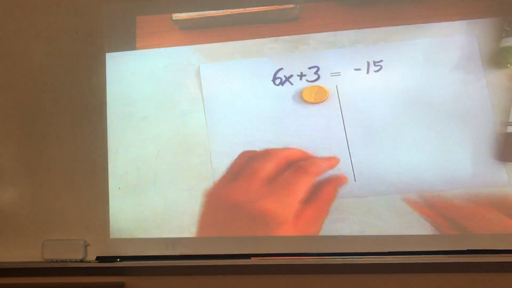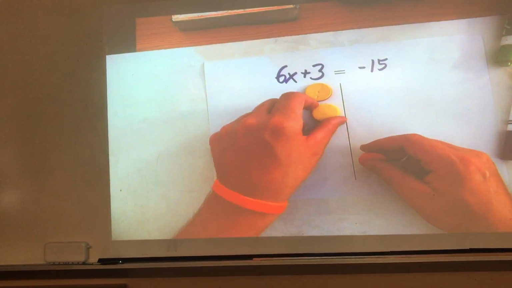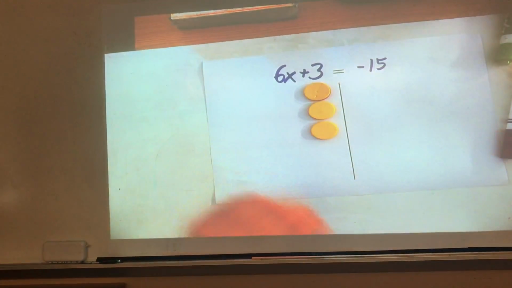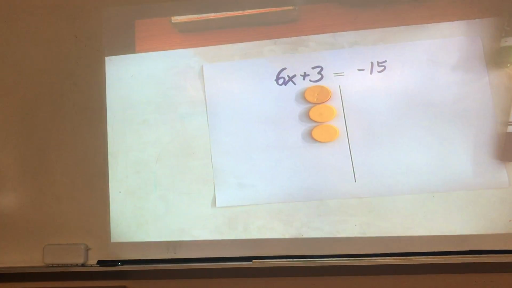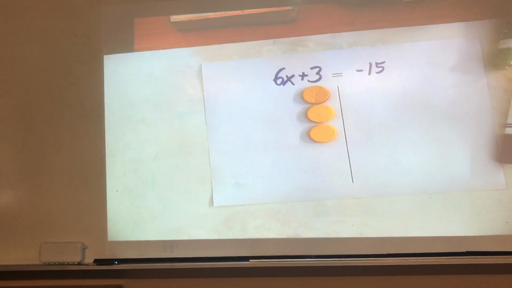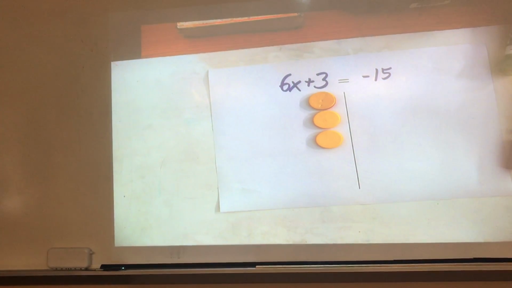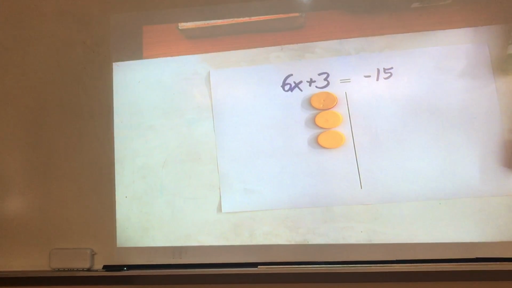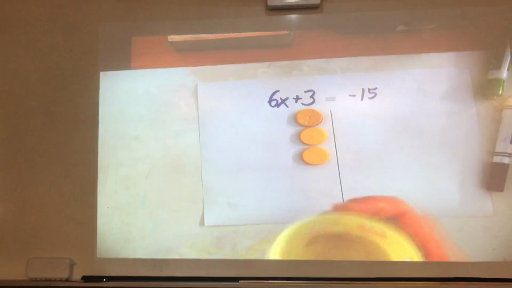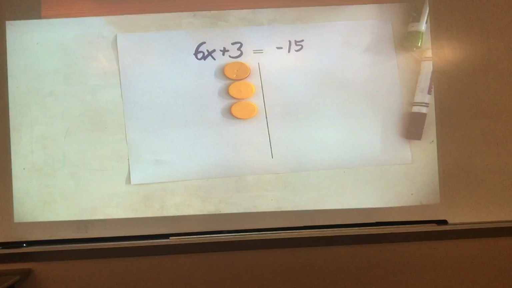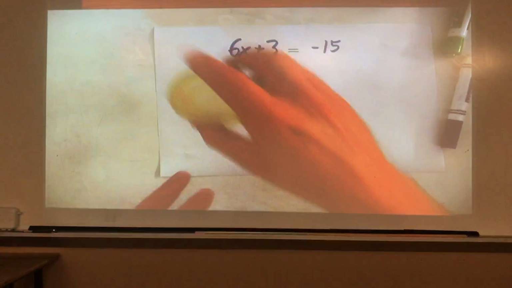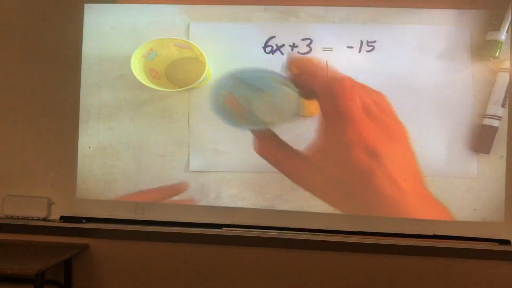Going to put our 3 positive tokens down. Okay? Rebecca, can you tell me something that we'll do to get started? Okay. 6 cups. Are they upside down, or are they sitting up like this? Since this is a positive coefficient, they're going to be sitting up.